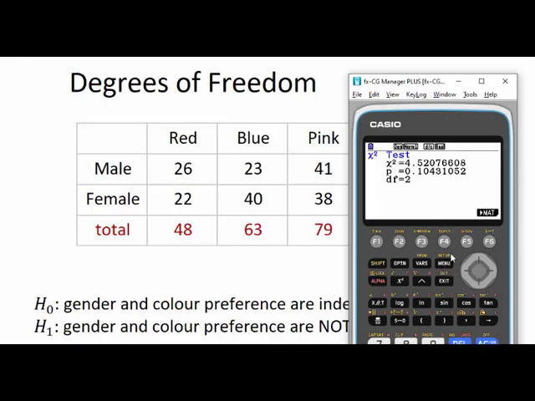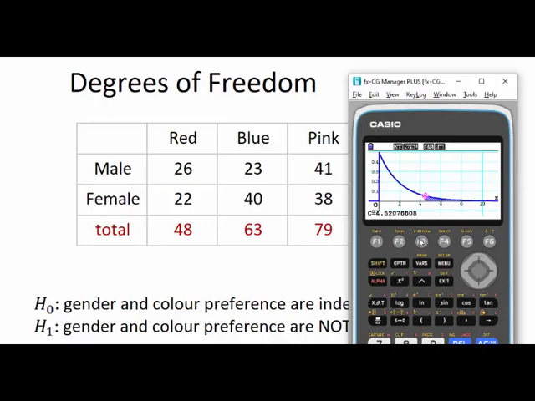So if I go back a stage, I'm here and I'm about to execute my chi-squared test. I'm just going to go down, and it says draw. So let's draw that. Now this is the chi-squared curve for 2 degrees of freedom. And it has put my chi-squared value, which was 4.52, here.